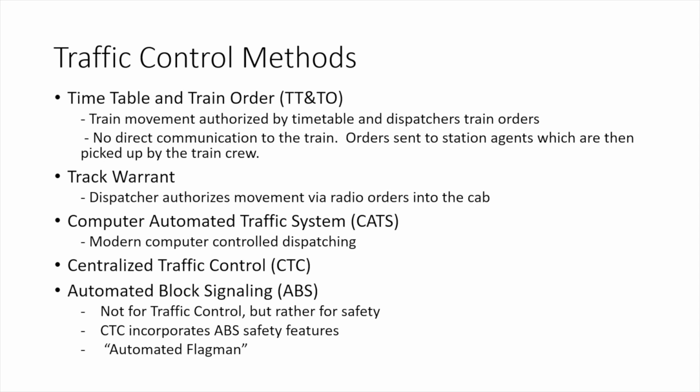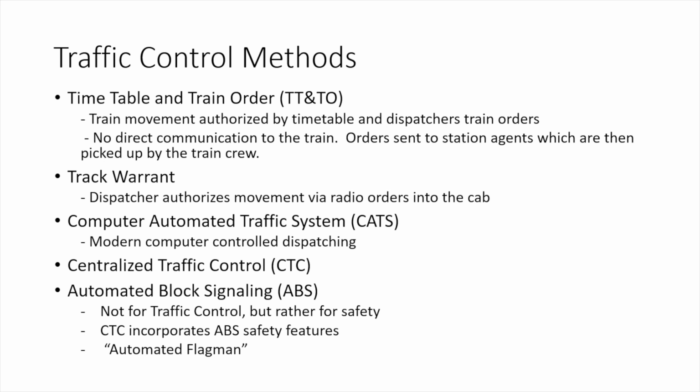The next common mechanism is CATS. CATS is the most modern traffic control method, computer automated traffic system. And with CATS, this is where the railroads will have generally a large centralized dispatching center. They'll use computers to keep track of where all the trains are, to monitor their safe movement, and the dispatchers can throw turnouts and route traffic through a touch of a mouse.